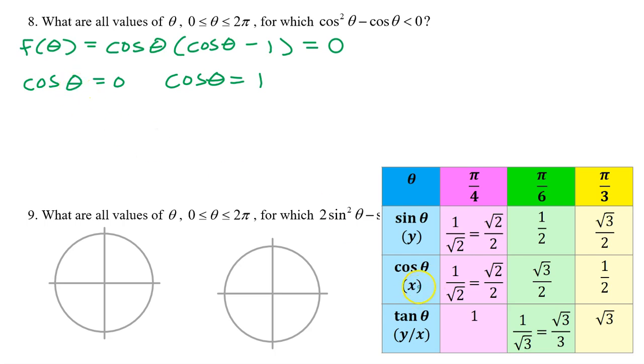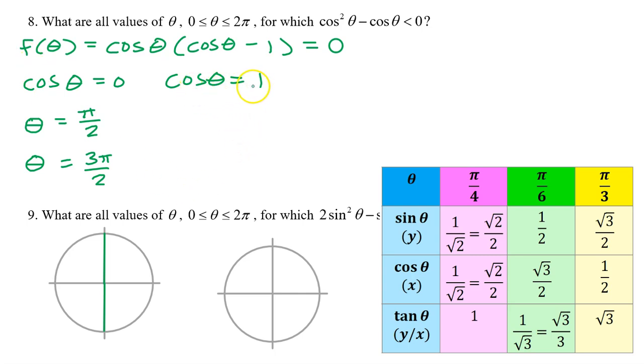Cosine is the x value on the unit circle, and x values are equal to 0 here and here. So cosine theta, and thus f of theta, will equal 0 at pi over 2 and 3 pi over 2.